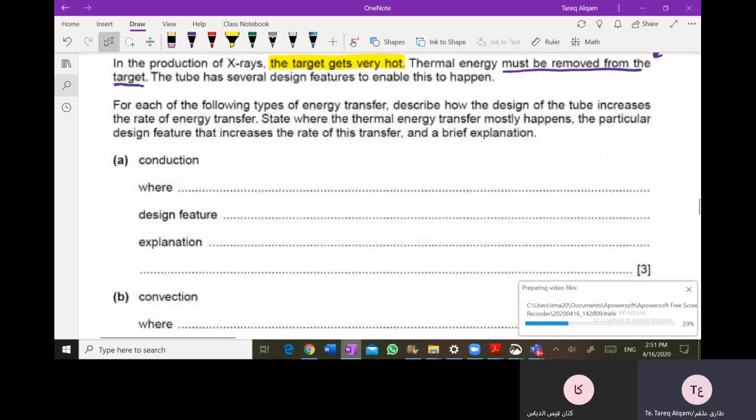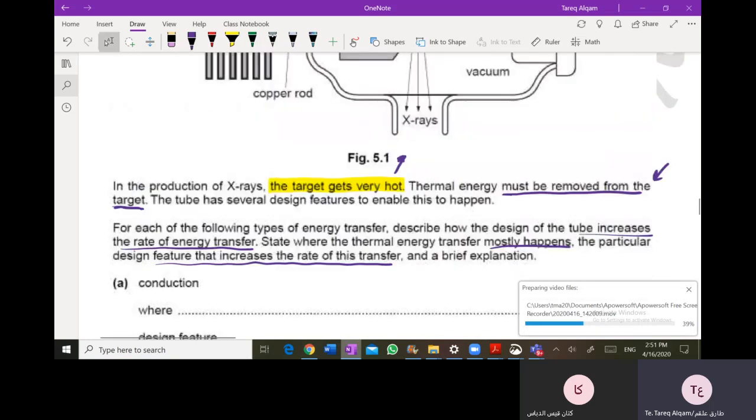For each of the following types of energy transfer, describe how the design of the tube increases the rate of heat transfer. State where the thermal energy transfer mostly happens, the particular design feature that increases the rate of transfer, and a brief explanation.